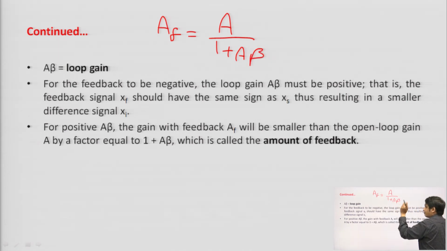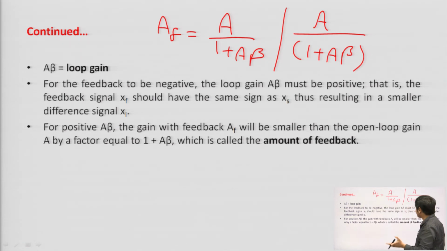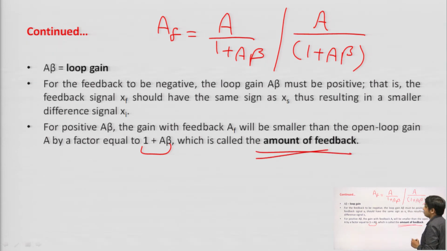You can see that without feedback the gain is A, but when we use negative feedback, the gain is reduced by the factor 1 plus A beta. That is the issue with negative feedback. This factor 1 plus A beta is called the amount of feedback.